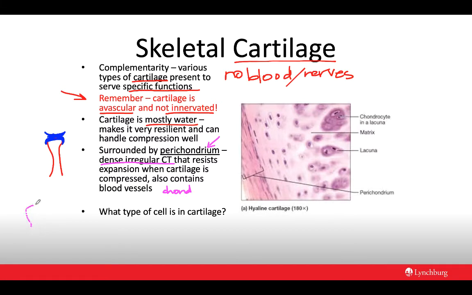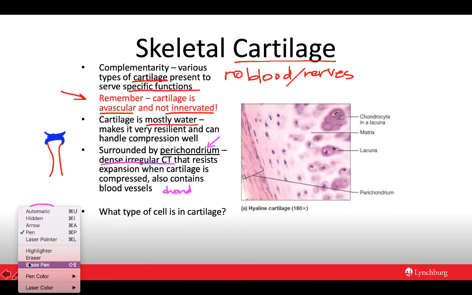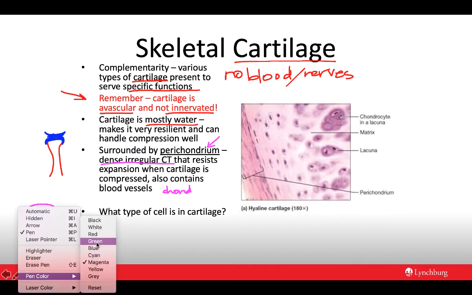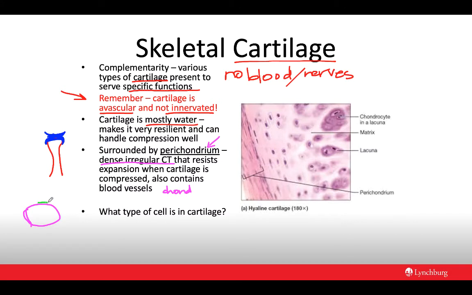So if we had, let's say, an intervertebral disc here, which we know contains cartilage, we're going to have this perichondrium around the outside of it that is this kind of layer of dense irregular connective tissue. And what do we know about that? How stretchy is that dense irregular connective tissue going to be? Well, it's not very stretchy at all.